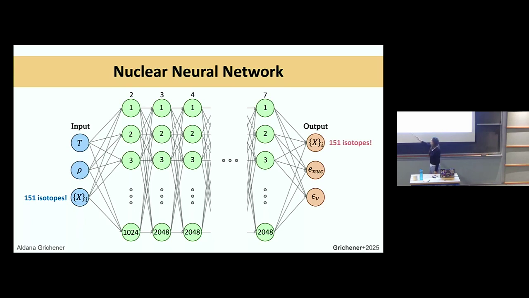We map it throughout the neural network and obtain what would be the typical output of the composition, energy generation in nuclear reactions, and energy that is lost by nuclear neutrinos. So we take these neural networks, we train them on a lot of data that is generated by the nuclear module of MESA, and then we use another subset that we didn't use during the training to try and predict how well these neural networks perform.